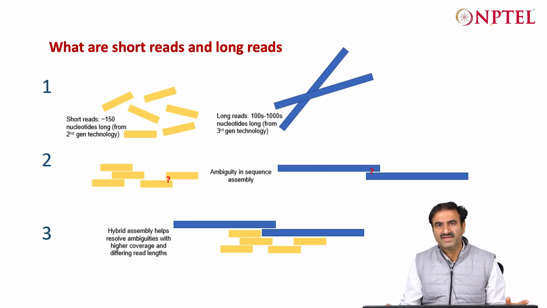So far we have seen there are two types of reads that we generally use: short reads and long reads. Short reads are generally produced by Illumina or Ion Torrent sequencers, which produce reads of 75 to 300 base pairs, but generally we go for 150 base pair reads, which could be paired end also. Similarly, long reads can be generated by ONT, that is Nanopore, or the PacBio sequencer.